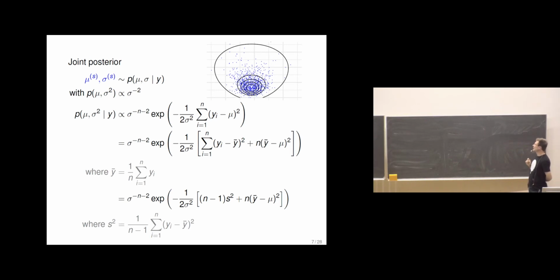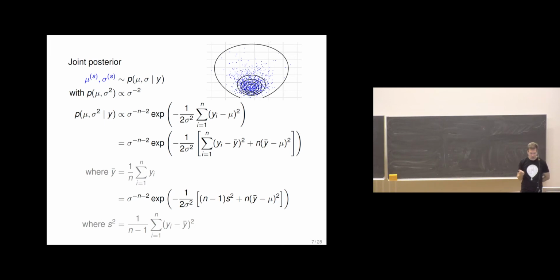The interesting thing is why do we want to have it so that s squared has this 1 divided by n minus 1? Because then we need to put the n minus 1 back in the equation. And we'll come back soon to why this convention is used.